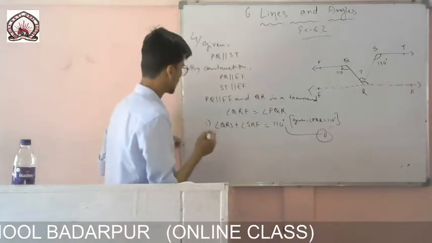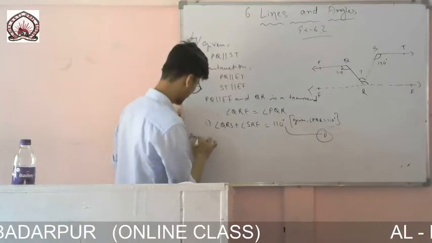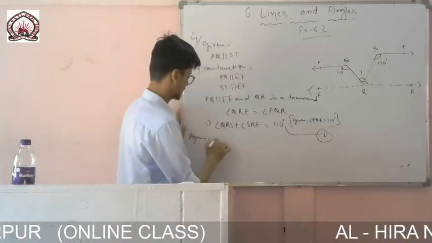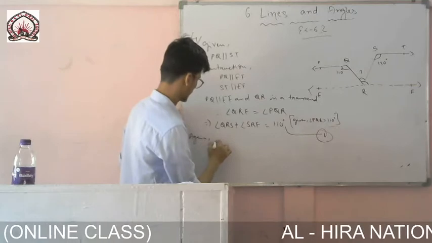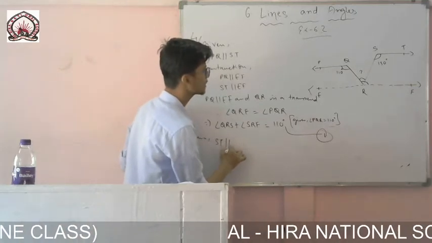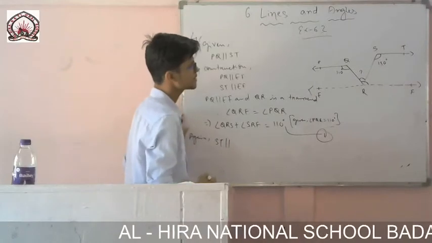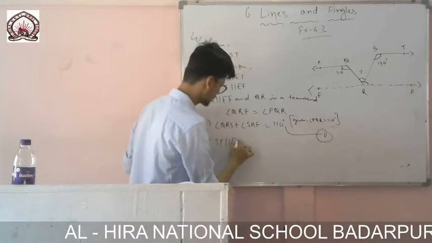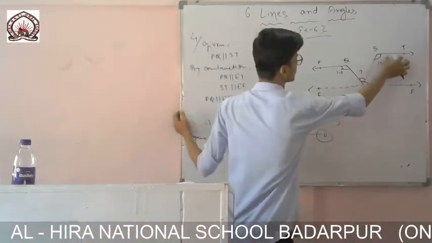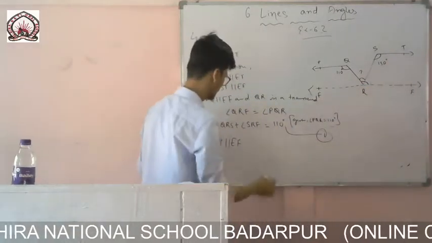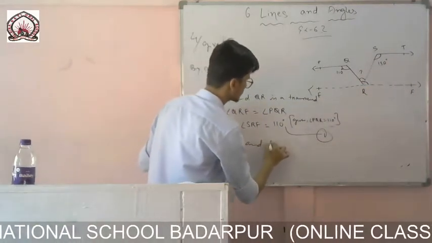So again you write: ST is parallel to EF, and you try to relate the things. ST is parallel to EF and SR is a transversal.